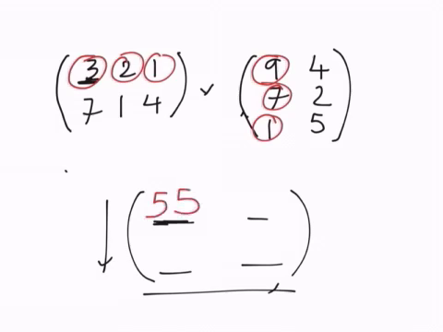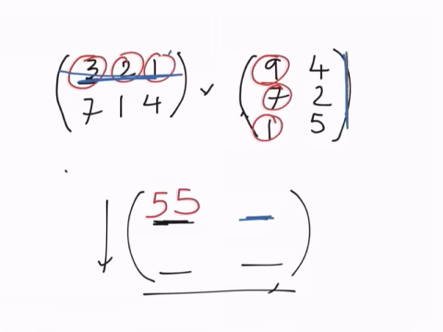Let's look at this element now. This element is at the top right. So that means the answer is going to be the multiplication of the top row of the first matrix by the rightmost row of the second matrix.